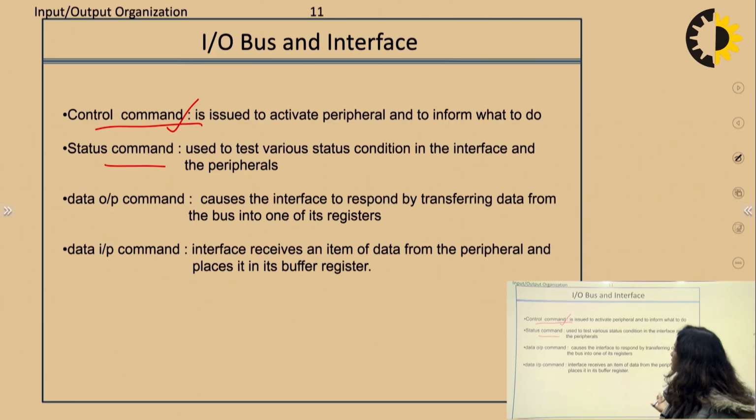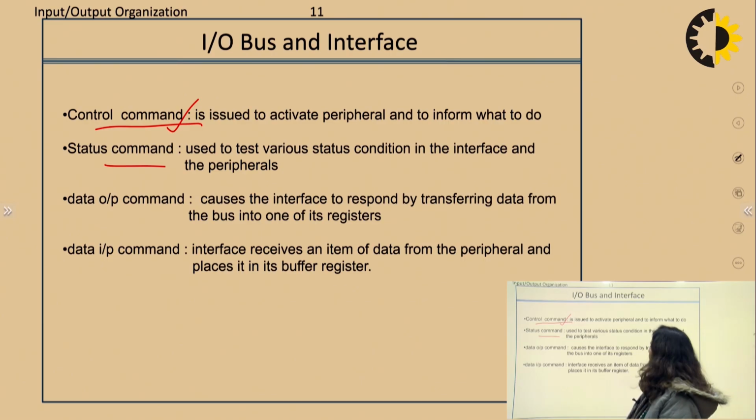That is the data output command, and the input command takes data from the data register inside the interface. So the interface is a combination of a flag, a status bit used to check the status of the data register, and one data register inserted inside it.